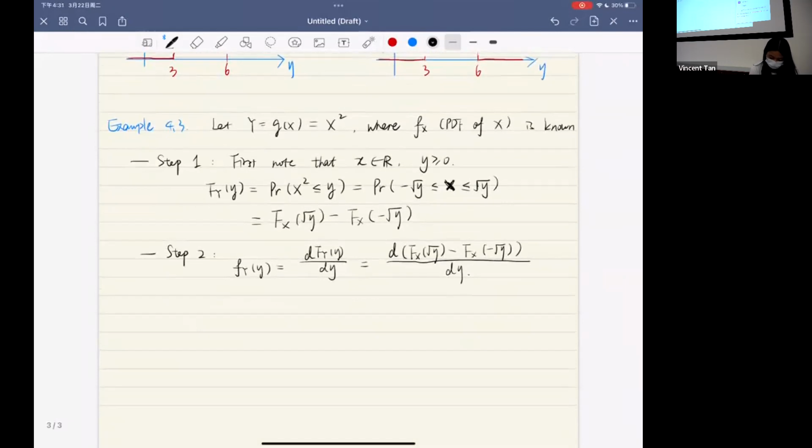How can we solve this differentiation? Because here we only have the square root of y, but here we are differentiating over y.